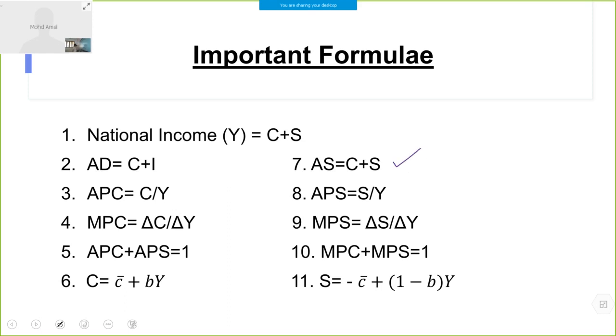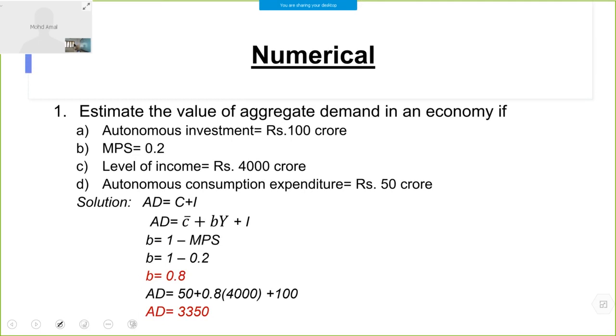C plus S. APC is equal to C by Y. Then what is APS? S by Y. MPC is equal to delta C by delta Y, then MPS is equal to delta S by delta Y. APC plus APS is equal to 1. The same procedure, MPC plus MPS is equal to 1. Here is the consumption equation, this one is the saving equation. Okay, formula. All these formulas we need.